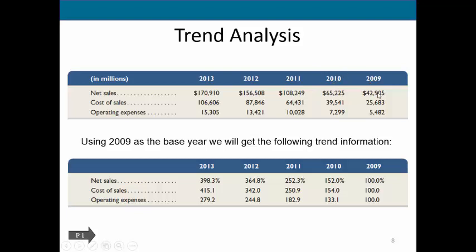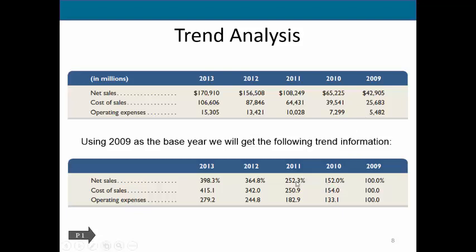So for example, you can see here for net sales, let's just look at 2010 compared to 2009. We would take the change from year over year, the dollar amount change, $65,225 minus $42,905. Divide that by our base amount, that's $42,905, and that shows us that we had an increase of 152%.